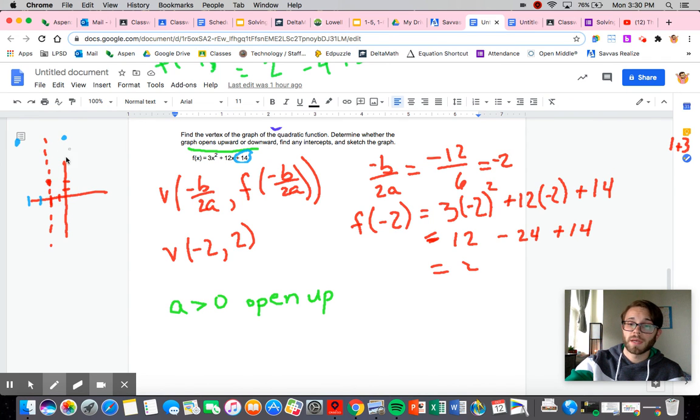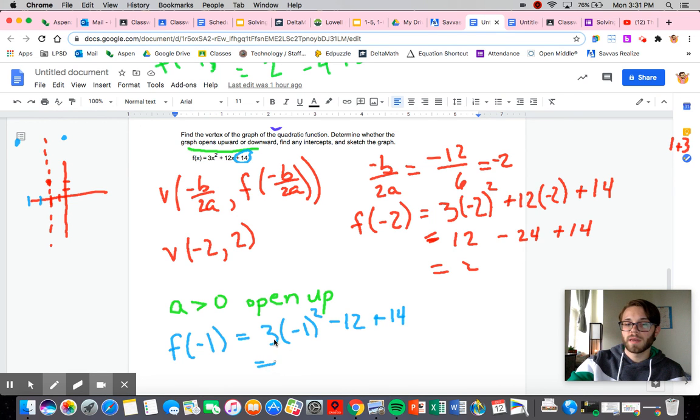So this is exactly what I was talking about last time. We started at negative 2, and then our intercept was at 0, which is 2 away. So if we went 1 away, we get a point kind of in between them, right? So I'm actually going to choose as my point to plug in negative 1. So if I plug in f of negative 1, that's going to be 3 times negative 1 squared minus 12 plus 14.